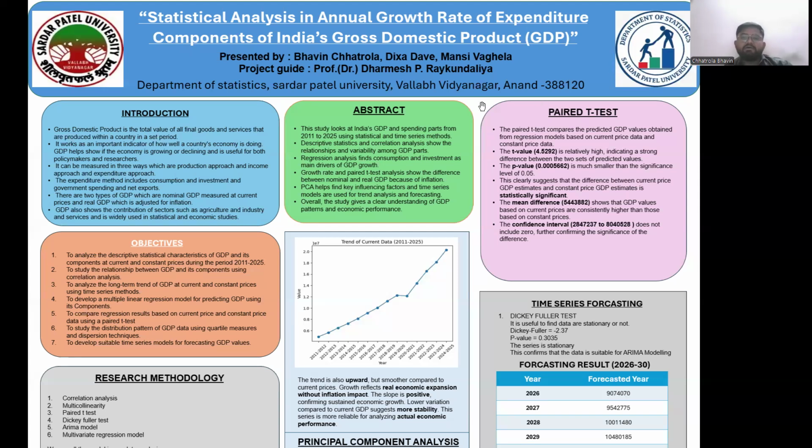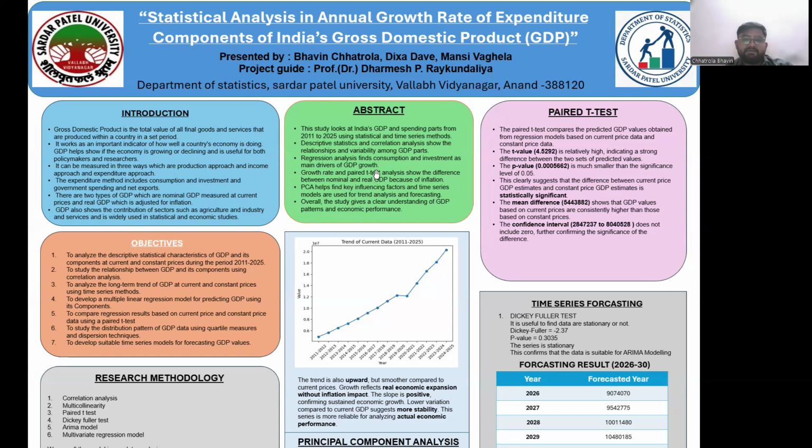Our abstract is: this study looks at India's GDP and spending parts from 2011 to 2025 using statistical and time series methods. Descriptive statistics and correlation analysis show the relationship between and variability among GDP parts.